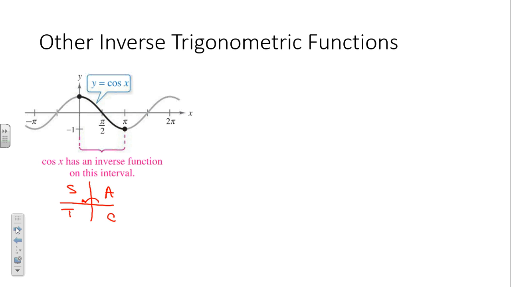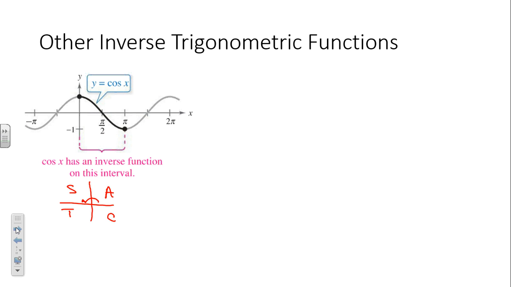Where will we restrict the tangent? No guesses? Tangent's going to be the same as the sine, right? Cosine gets to be the anomaly again. It's the even function, and it's also the one that's going to be restricted. The arc cosine will be restricted between 0 and pi, and the sine and tangent will be between negative pi over 2 and pi over 2.